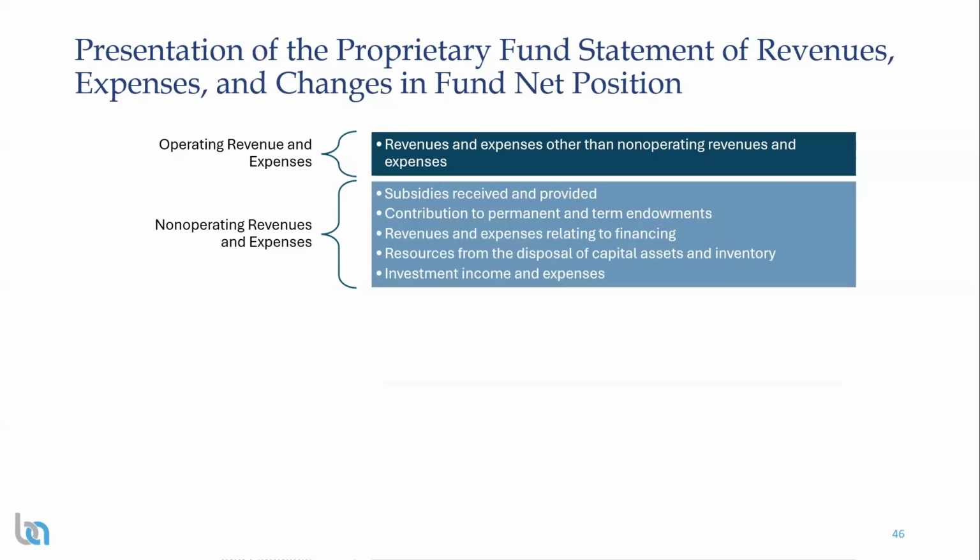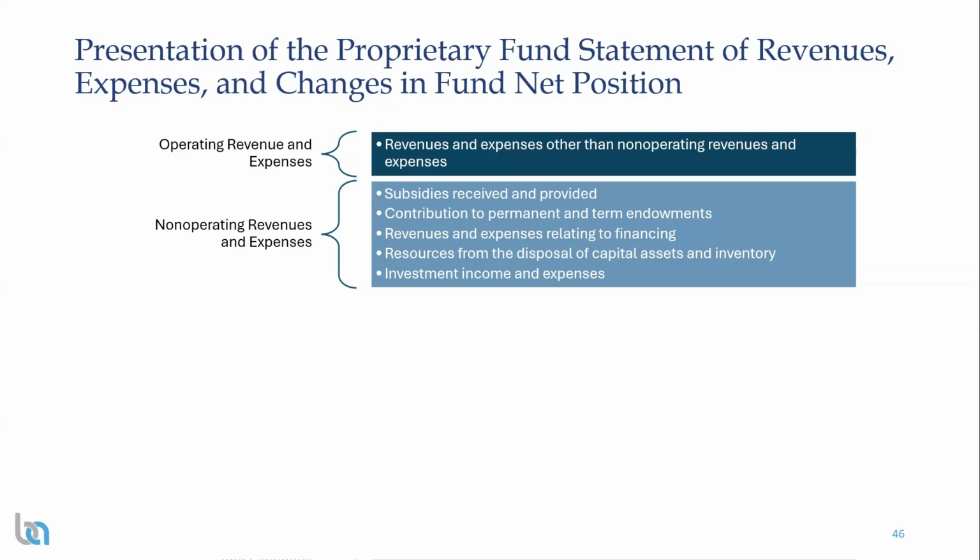Subsidies received and provided are non-operating revenues. Even though we have a separate category called subsidies, they are still considered to be non-operating revenues. So we have subsidies and then we have other non-operating revenues. Subsidies are part of non-operating revenues. Contributions to a permanent and term endowment, for example, a contribution to a permanent fund, will also qualify.